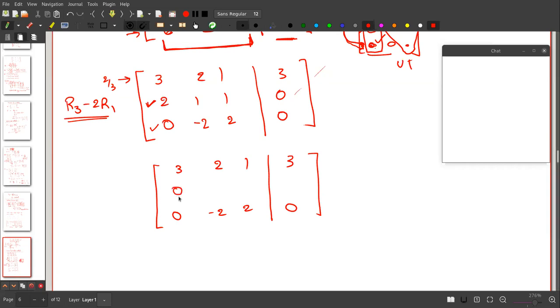So this will be 0, this will be 1 minus 4 by 3, this will be 1 minus 2 by 3, and this will be 0 minus 2 by 3 into 3, that is 0 minus 2. Is this operation okay? Should I repeat, or is this okay?